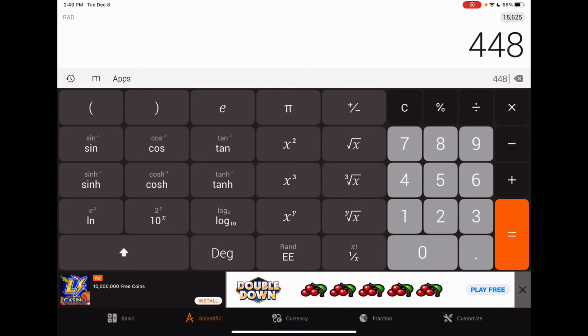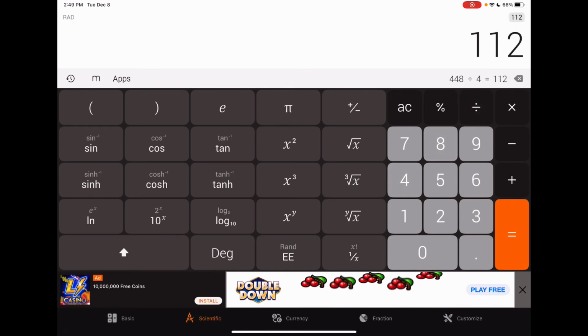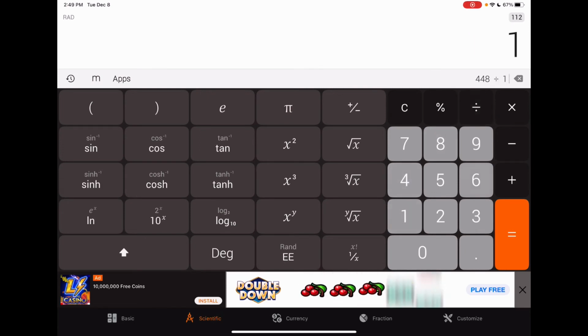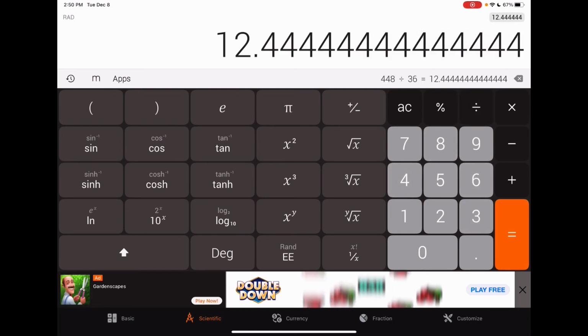So I could do 448 divided by 4. There's my 112. How about 448 divided by 16? Oh, okay, so that works. How about a bigger perfect square, even bigger than 16? 448 divided by 25. No, I kind of knew that one wasn't going to work. 448 divided by 36. No.